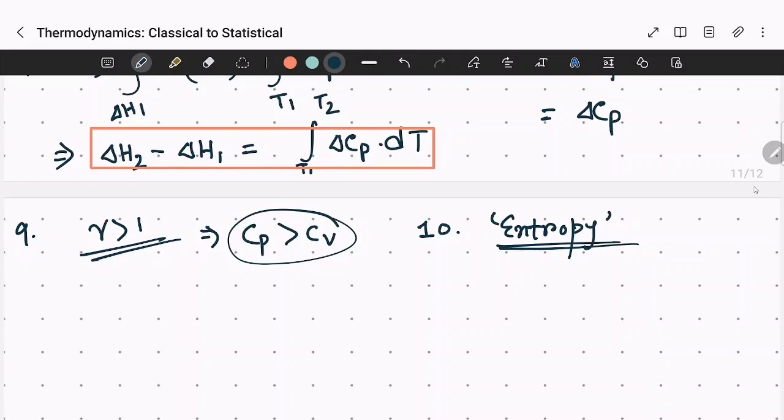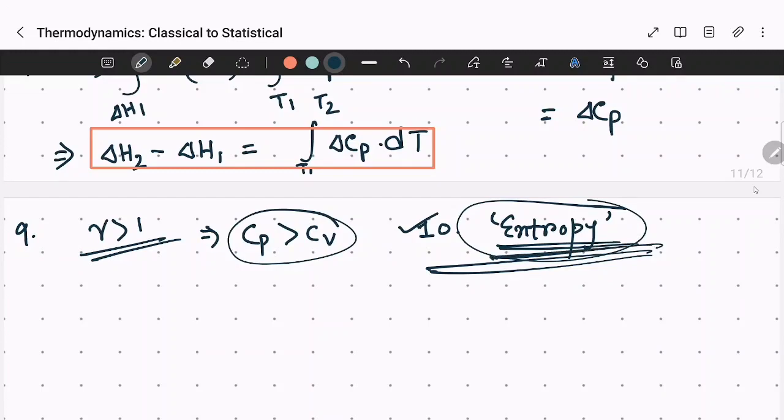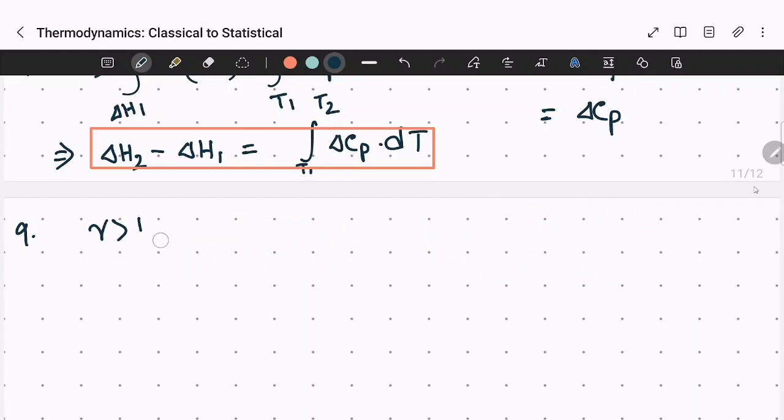You can prove it considering an ideal gas, but I'm not saying that. Theoretically, you can argue that Cp should always be greater than Cv. Otherwise I will discuss it in the next class. But the significance of entropy is very important. I'll start the next class discussing this, then we'll go through the other problems.